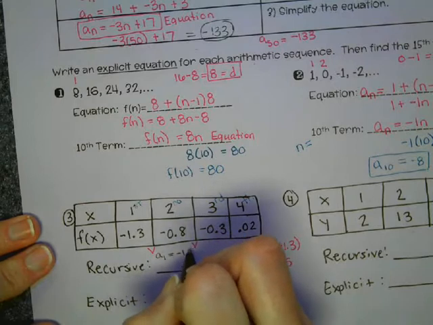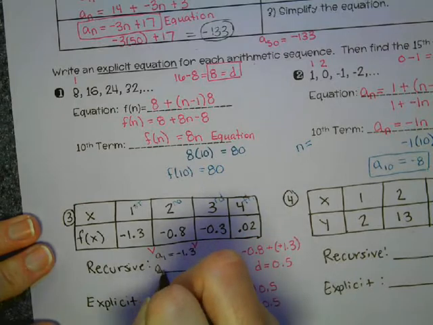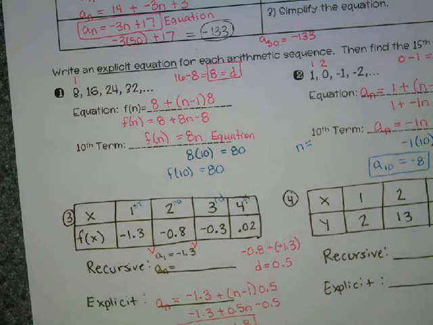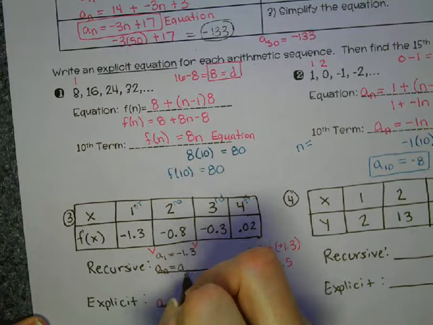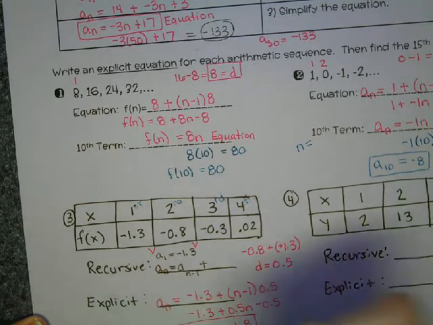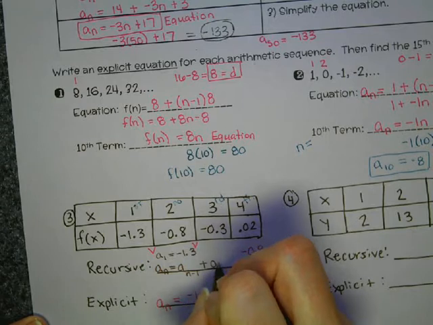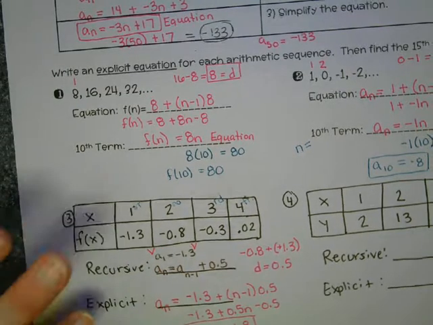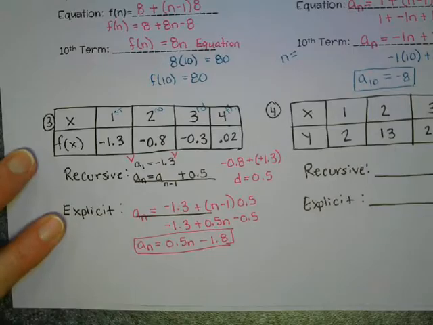And then you have the second part where it says A sub n equals A sub n minus 1, and then plus whatever the difference is. And our difference for this one was 0.5. So the recursive has the two-part, the explicit has the one where you get to plug it in and then simplify it. Okay. It's the difference between the two.